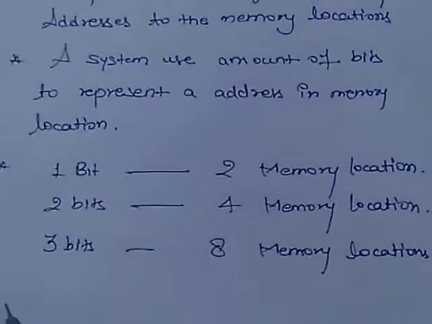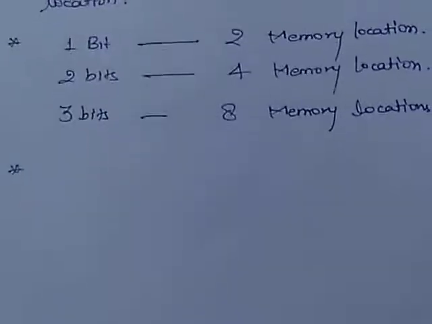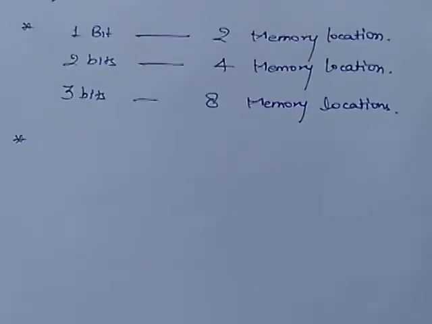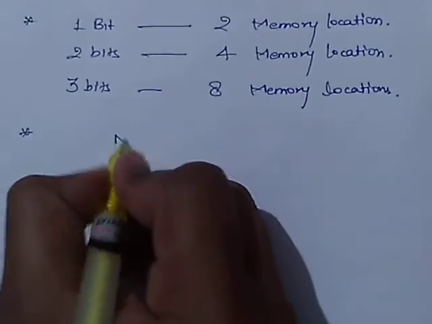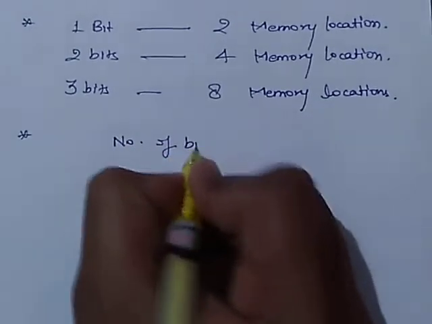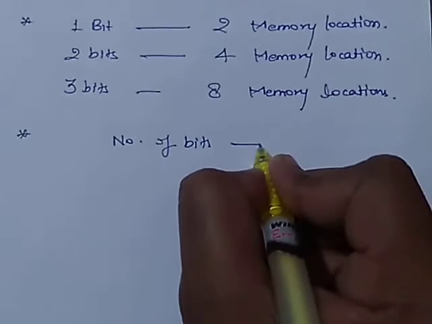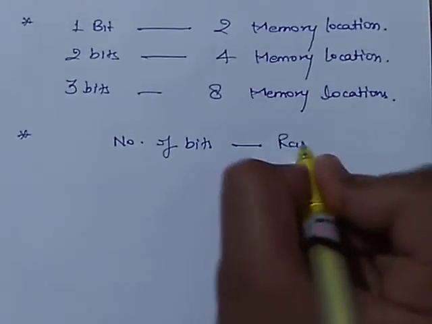Now here two things are most important, that is the number of bits and its corresponding range.